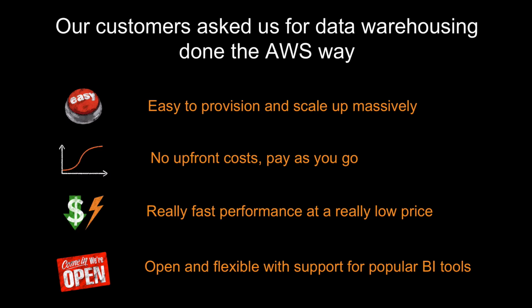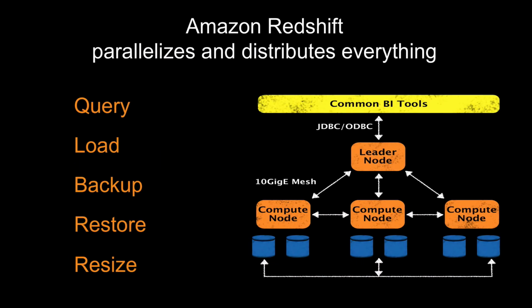So things like being easy to provision and having the ability to scale to massive levels, avoiding upfront cost, and having an option for pay-as-you-go, an on-demand pricing model, really fast performance at a really low price, and being open and flexible with support for popular BI tools that customers are already using. And those are the kind of tenets that we've encapsulated in the Redshift service that we've created.